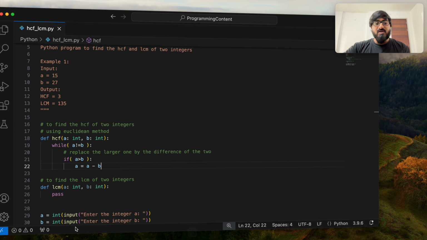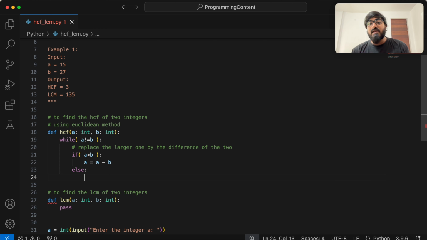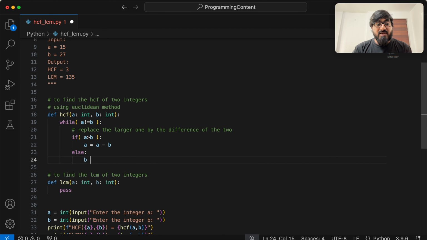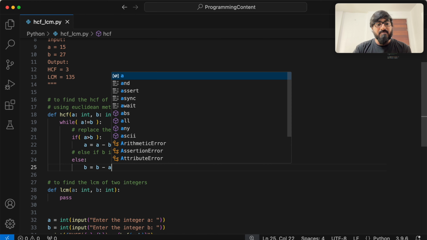Now else will be the part where b is greater than a, because we are already taking the condition of equality. So this loop will run only as long as they are not equal. If they are not equal, either a is greater than b or a is less than b. If b is greater than a, replace b by the difference of the two, so b is equal to b minus a.